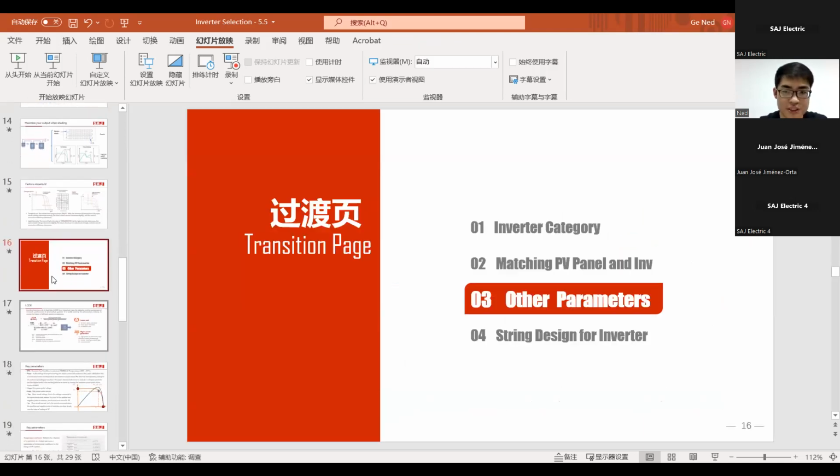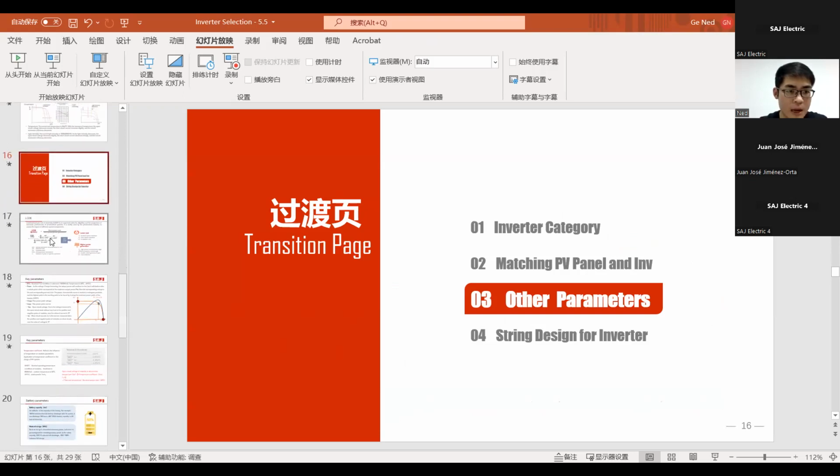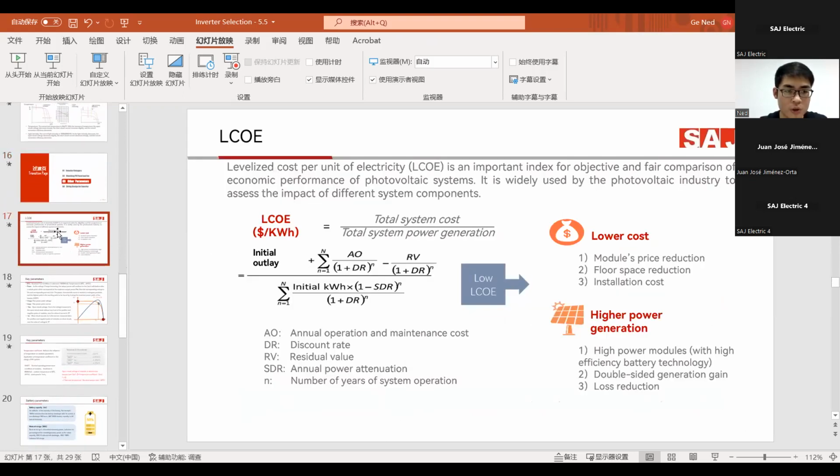In the third section are some parameter definitions. I'm not going to read them one by one, so you can check them after this training. The first is LCOE.